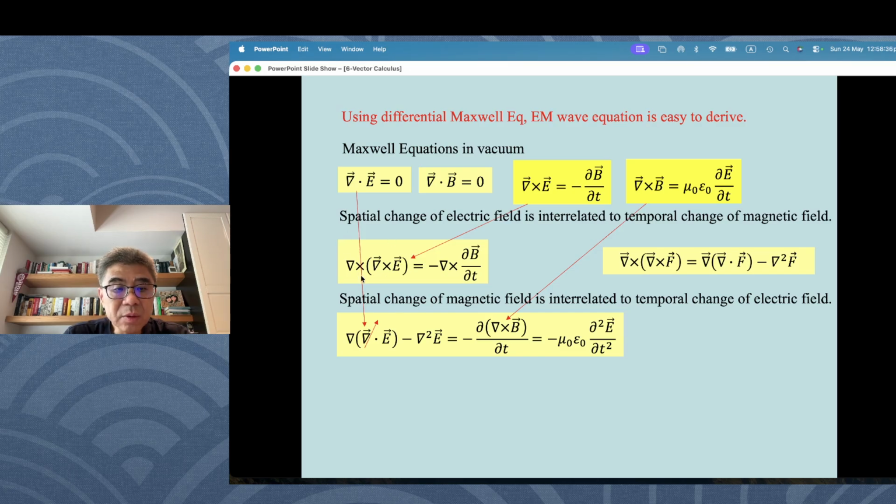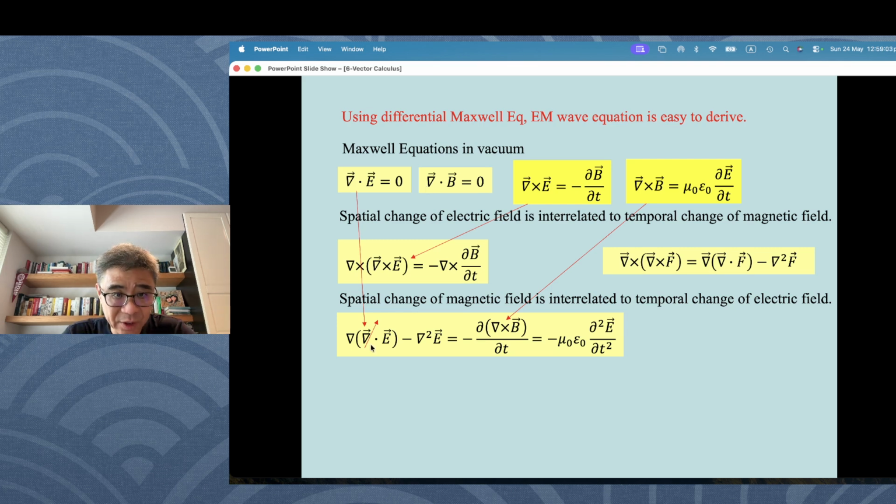So this term could be expressed as grad div E minus Laplacian E. The point is, now the first term of the right-hand side actually vanishes because the divergence of E in vacuum is equal to 0. There's no charge in the space in vacuum, therefore there is no divergence of electric field.